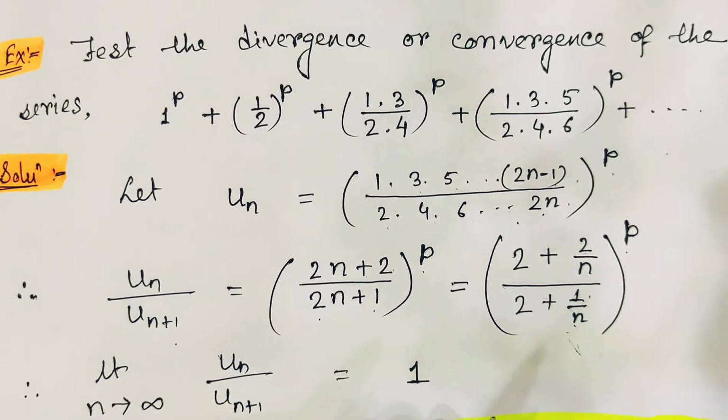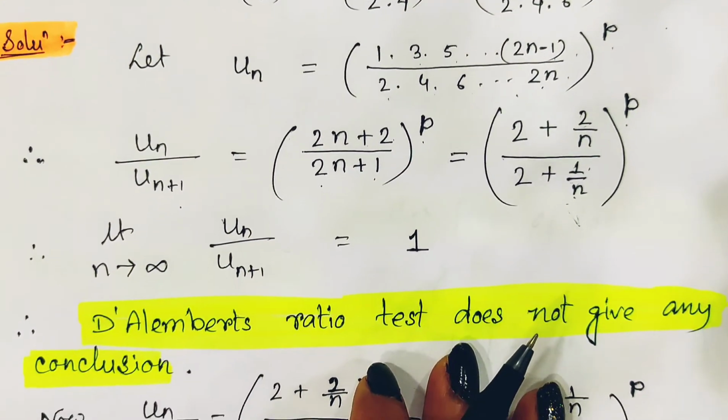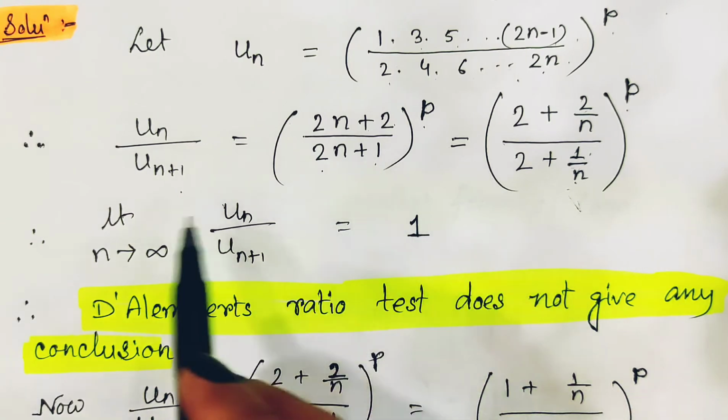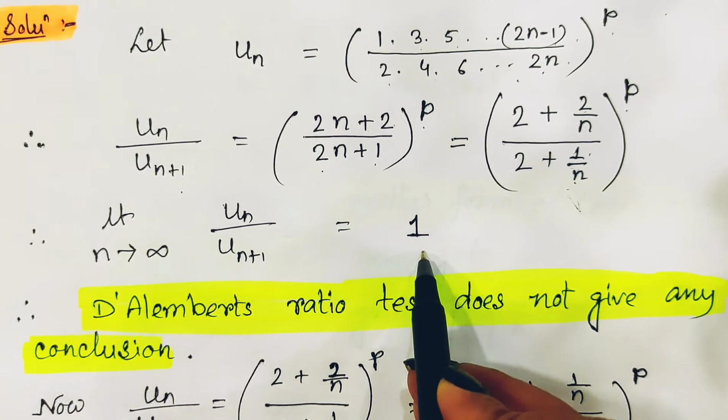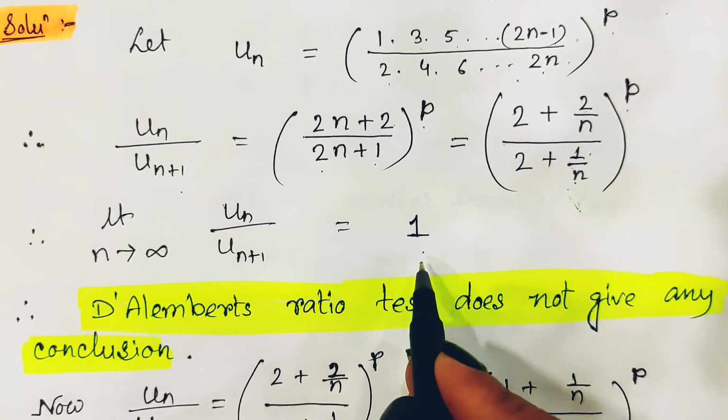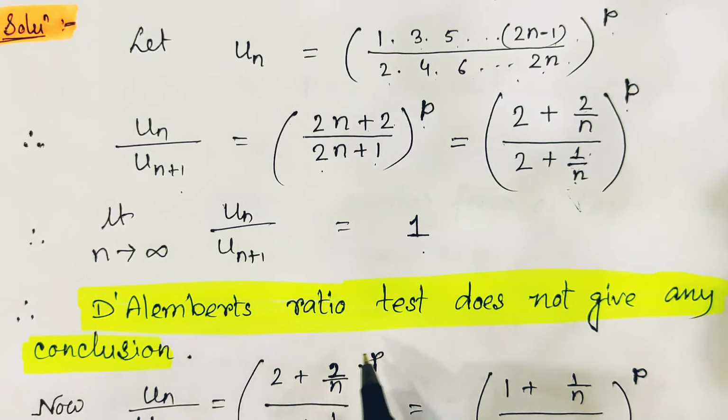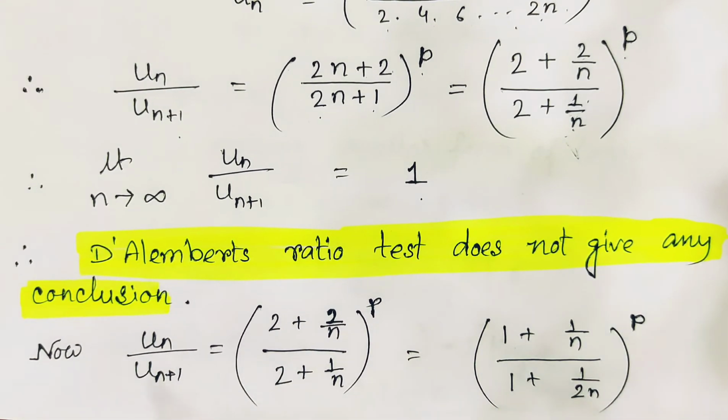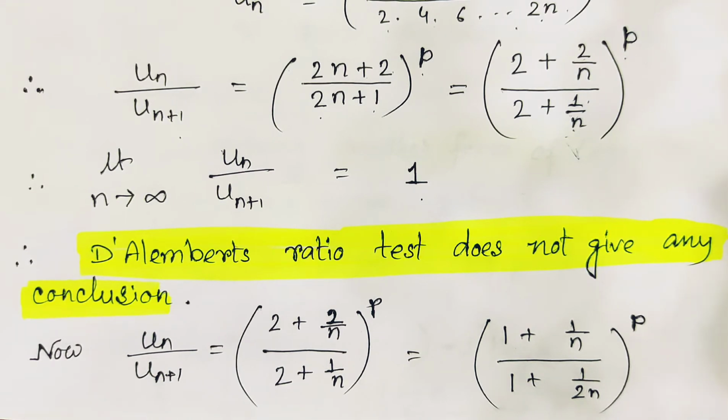So if we take the limit n tends to infinity on both sides, then we will find out that this limiting value is 1. So as the limiting value is 1, we will say that D'Alembert's ratio test does not give any conclusion. So as D'Alembert's ratio test fails, what we will do is apply the logarithmic test.